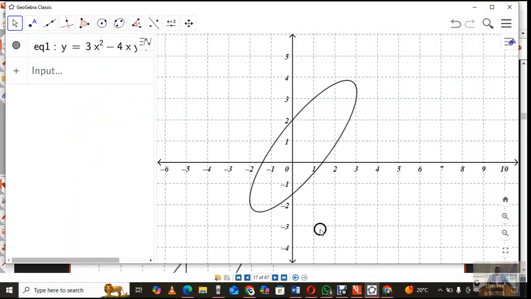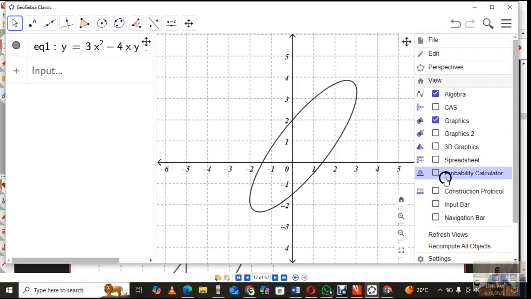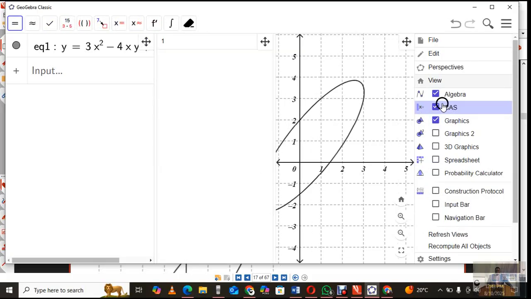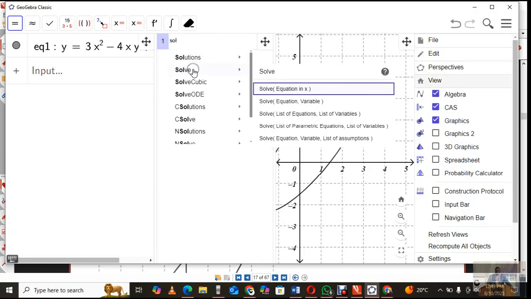In fact, let's just go back to the software and see if we can do it as well. What if I edit the view, maybe, and take the computer algebra system, and what I want to do is solve the derivative of this equation.